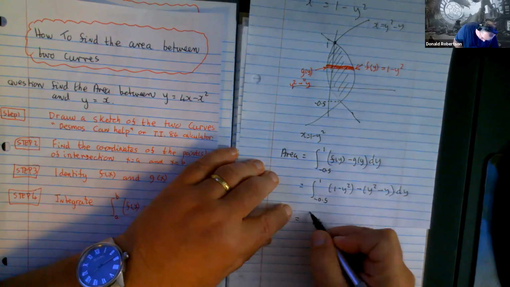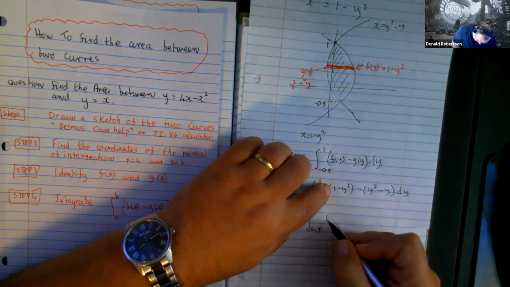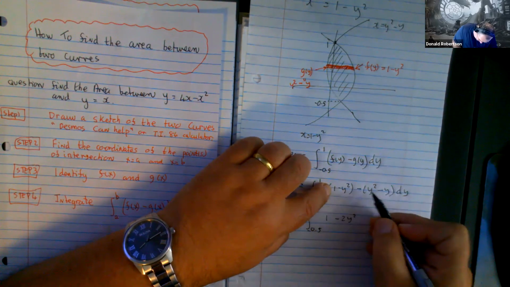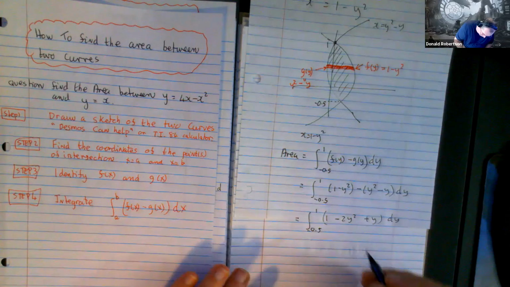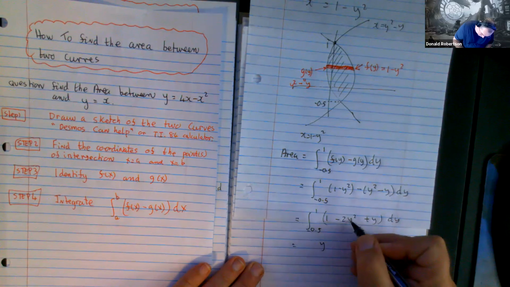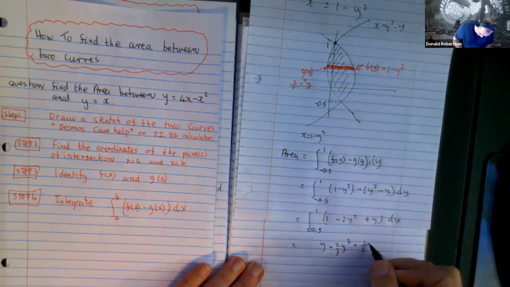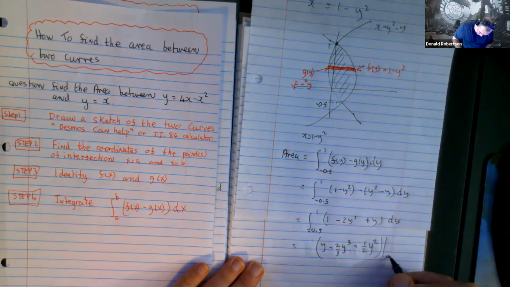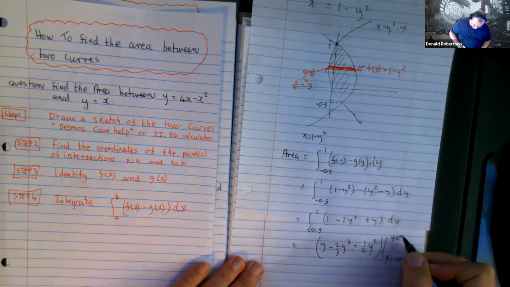That's going to be the integral from -0.5 to 1 of 1 negative y squared minus y squared, which is what? -2y squared. Take away that guy is a plus y. These are essentially just power rules. With respect to y, 1 gets you y. Add 1 to the power, divide by the new power. Add 1 to the power, divide by the new power. And evaluate it at -0.5 to 1.